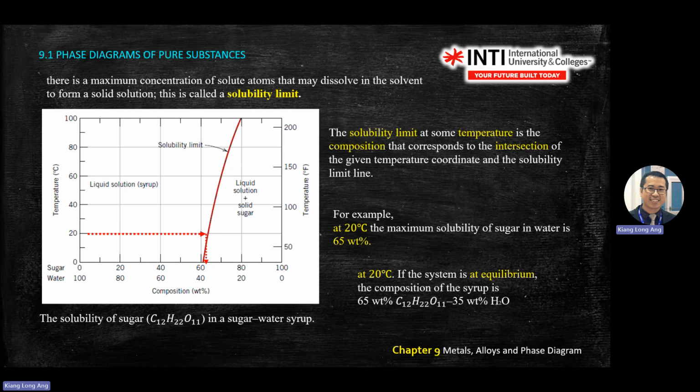In this case, 65 wt% and 35 wt%. These two you add up must be 100 wt%. Okay, this is how you answer the question. In this case, we use sugar and syrup as the starting point.